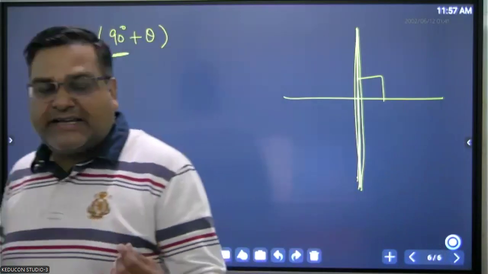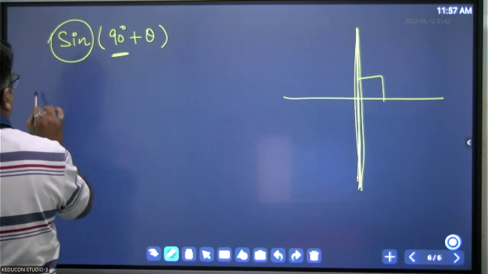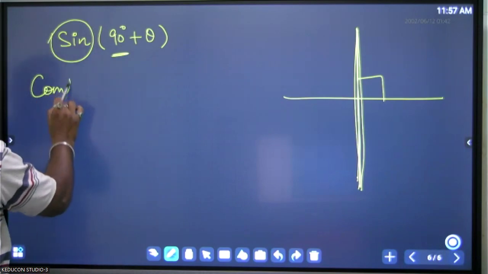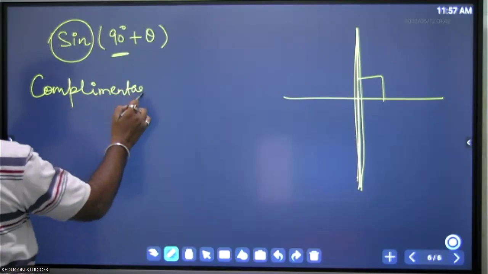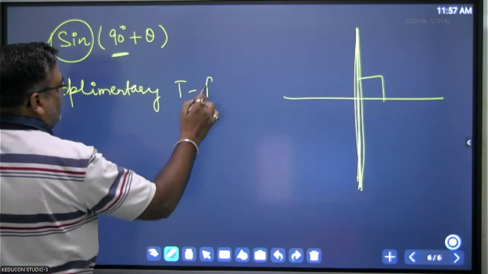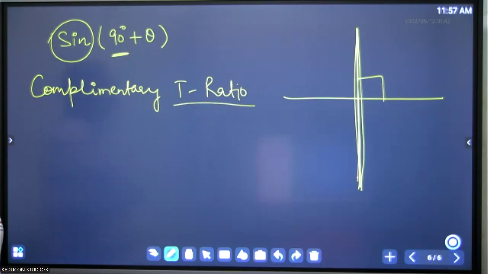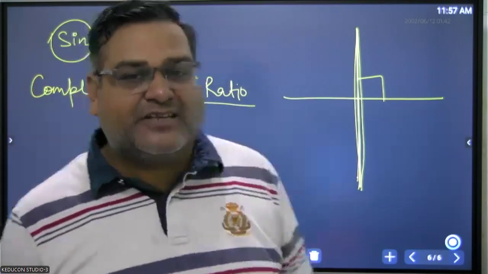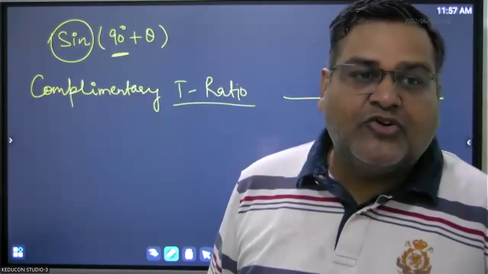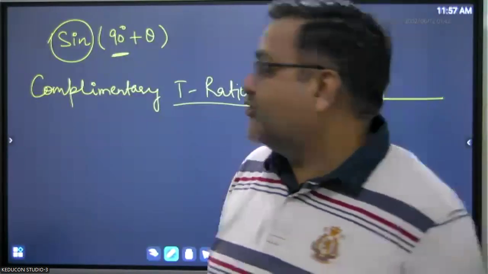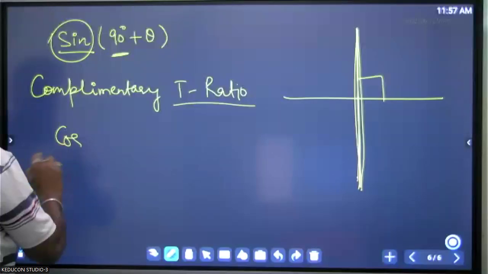When it is on the y-axis, you will change the trigonometric ratio to its complementary t ratio. What is the complementary t ratio of sine, students? Anyone? T ratio means trigonometric ratio. The complementary trigonometric ratio of sine is cosine, that is cos. So this sine will get converted into cos, right?